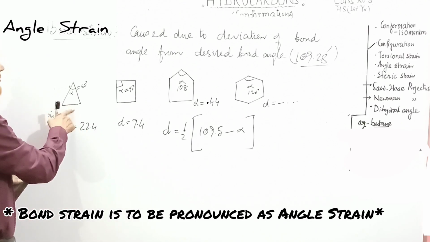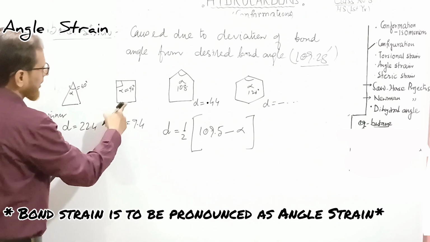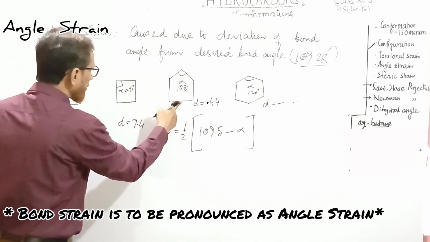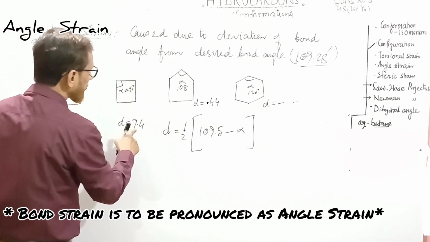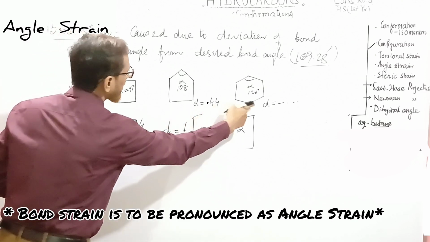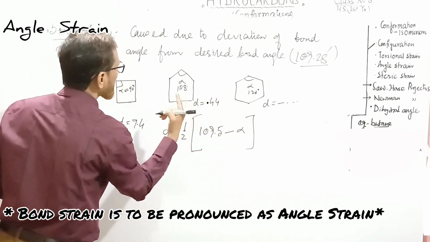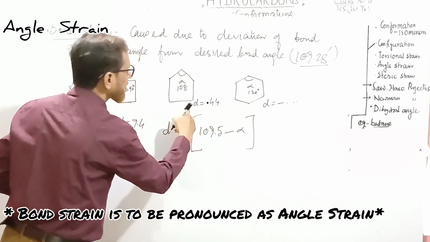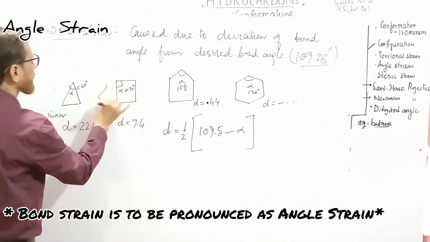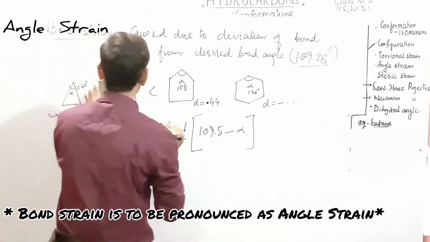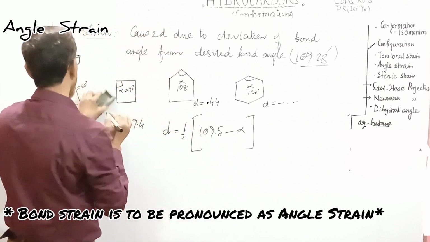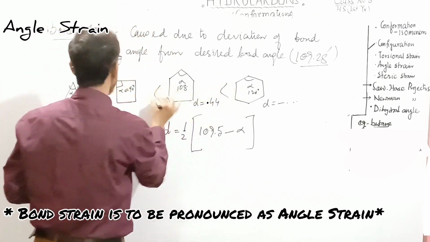So it is least stable in comparison to this, and in comparison to these two it is least stable. Deviation is more here; here the deviation is again less than this, more than this. This is less stable. So the order of stability is like this.